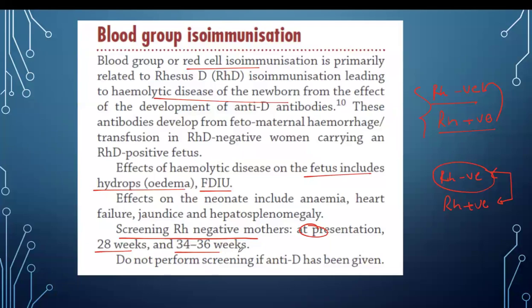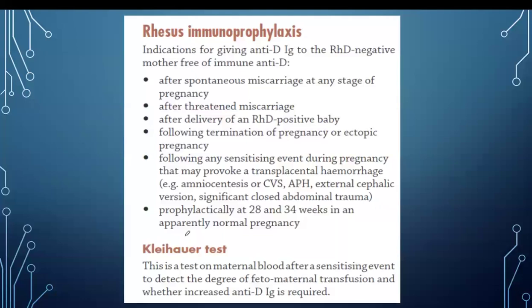If no antibody has developed, then we give the anti-D immunoglobulin at 28 weeks and at 34 weeks. They are also given it after delivery. So that is routine for every Rh negative mother, at 28 weeks and 32 to 34 weeks.